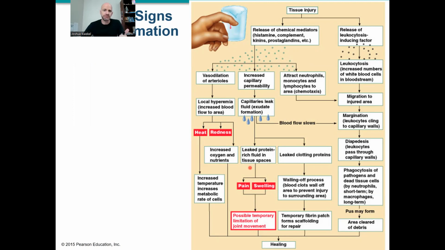Increased blood flow, heat. All of those are produced by increased blood flow to the tissue. It's a localized response. If you have a little cut, just the area around it will get red and swollen and painful. The pain comes from the increased blood flow. The fluid that's entering the tissue is pressing on the pain receptors, so it's going to be tender, the pain response.